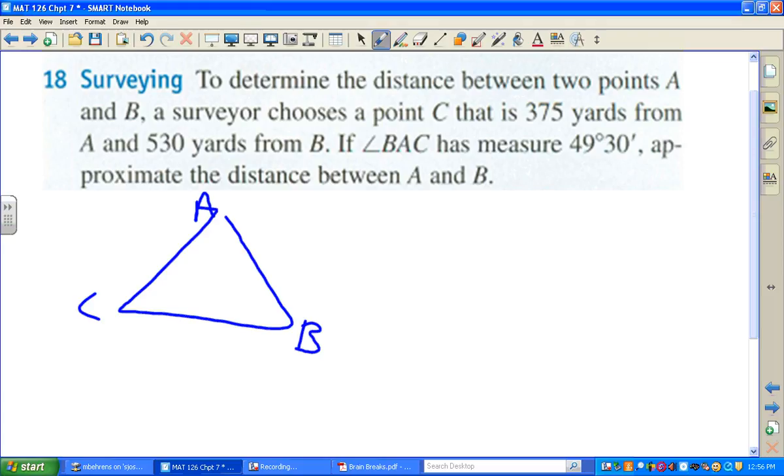To determine the distance between A and B, X. Surveyor chooses a point C that's 375 yards away from A and 530 yards from B. The measure of angle BAC has 49 degrees and 30 minutes. That is 49.5. Approximate the distance between A and B.